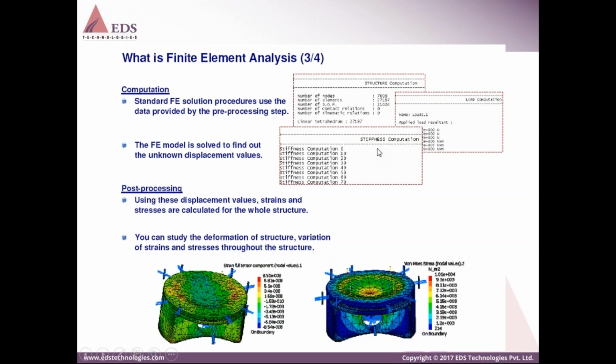To understand these results, we'll use post-processing techniques to get the deflection and stress graphs. With the help of this color graph, we'll be able to understand where the stresses and deflections are more, so we can identify that.